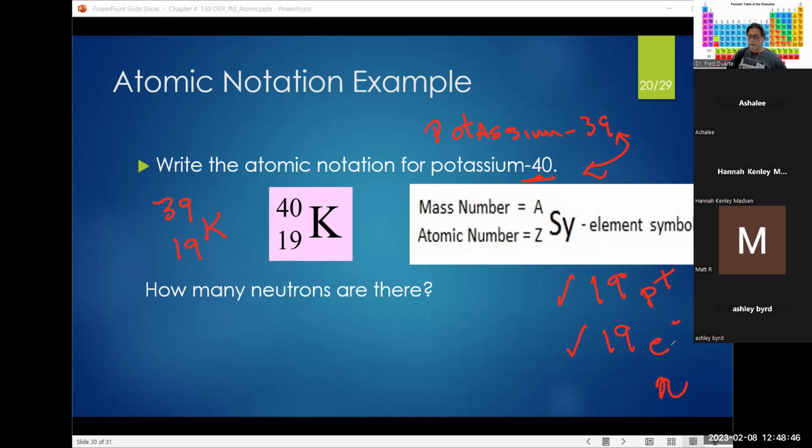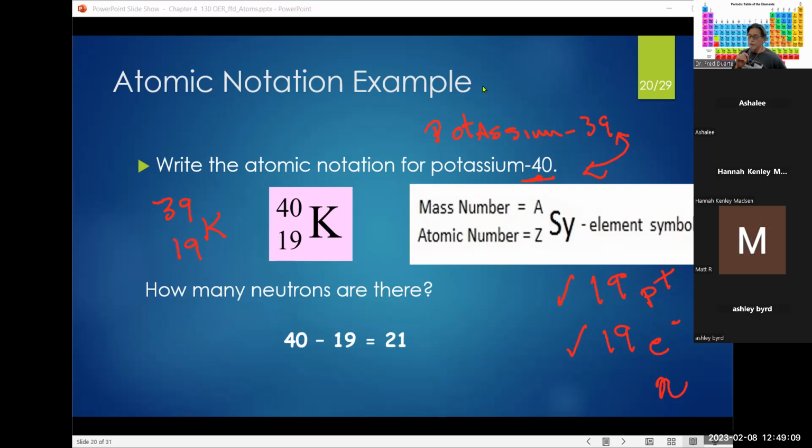Where they differ would be the number of neutrons. For potassium 40, it's simply 40 minus 19. There are 21 neutrons for potassium 40.